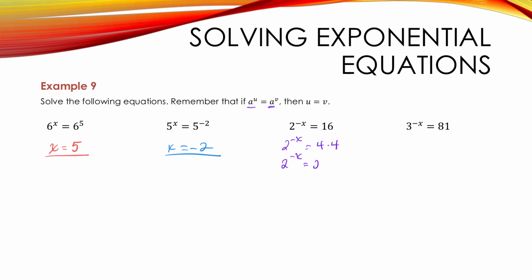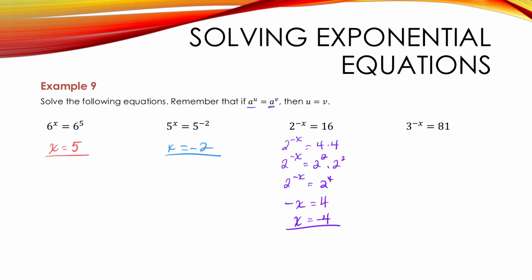Well, 4 is 2 squared, and if I have 2 squared times 2 squared, that means 2 to the negative x is equal to 2 to the fourth, because we add those exponents. Now that they have the same base, I can just set their exponents equal to one another. So negative x equals 4, which means x is just negative 4.